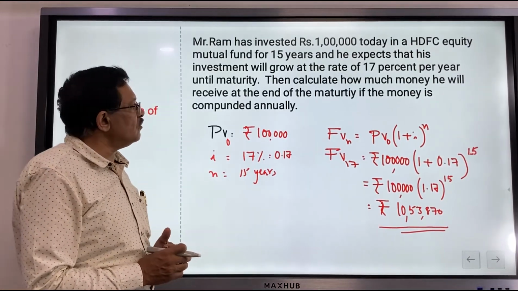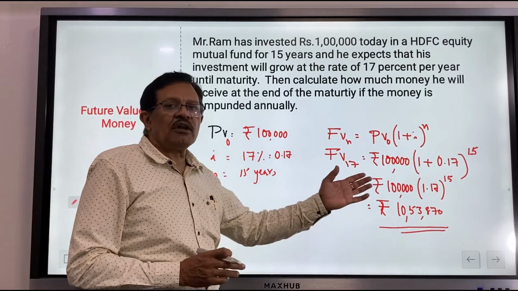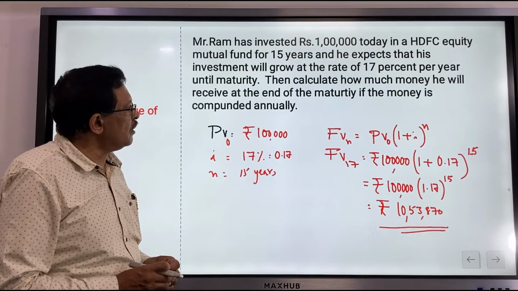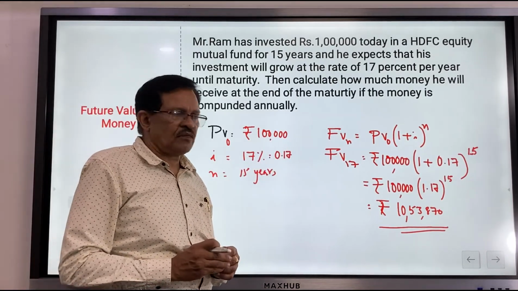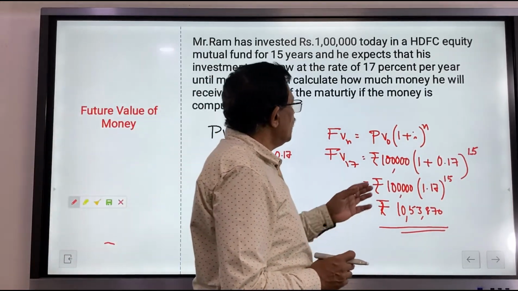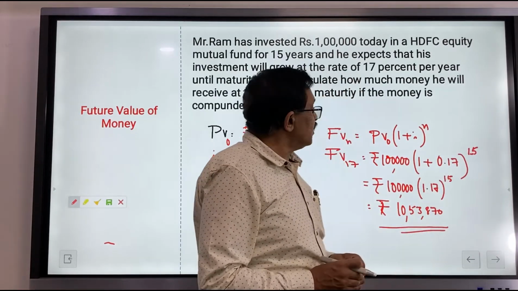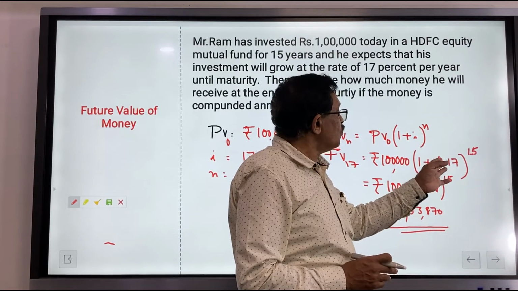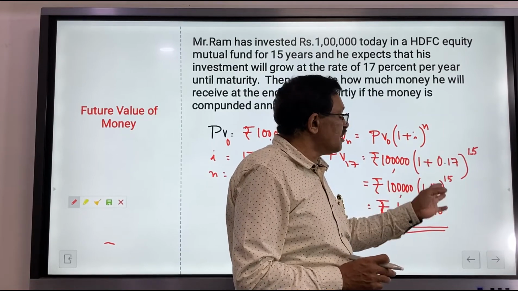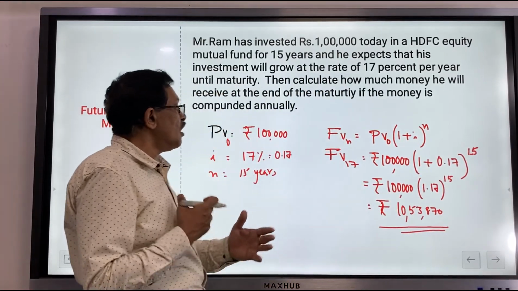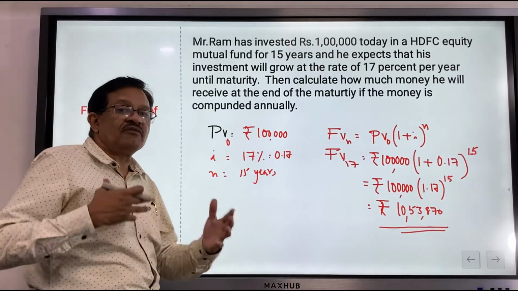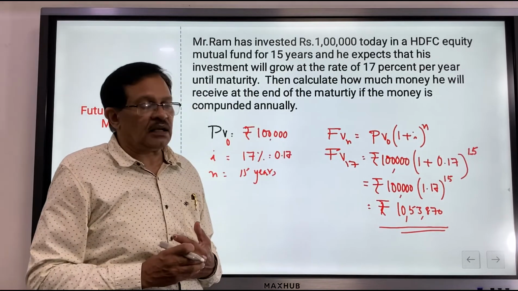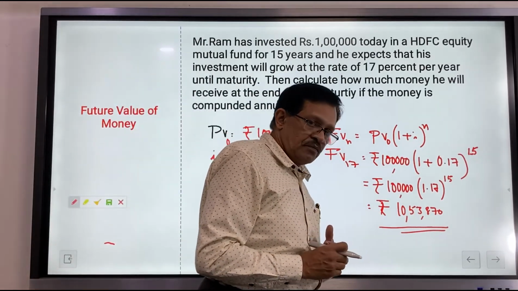Unless we have a scientific calculator, we will not be in a position to solve this particular problem, because n is too large. If you are taking an ordinary calculator, you have to multiply 1.17 into 1.17 into 1.17 for 15 times and multiply this with 1 lakh to get this answer.